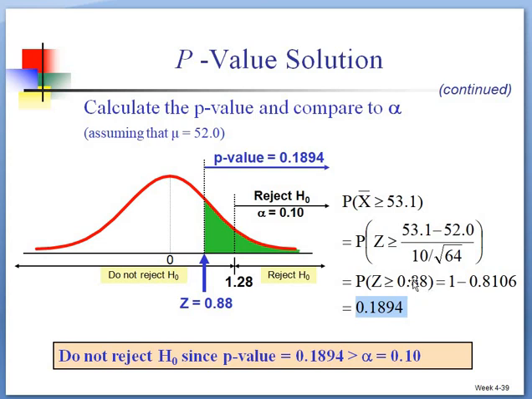Based on this value, we can calculate the p-value, which is 0.1894. Therefore, we do not reject the null hypothesis since the p-value is 0.1894. And since this is a 1-tail test, no need to multiply by 2.